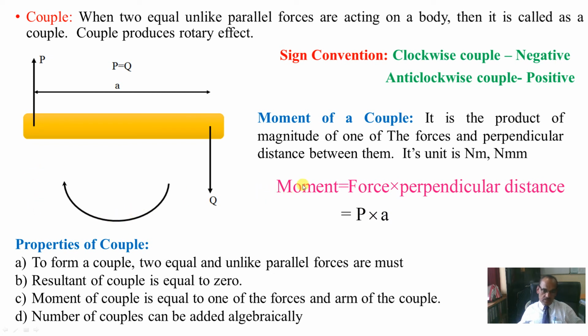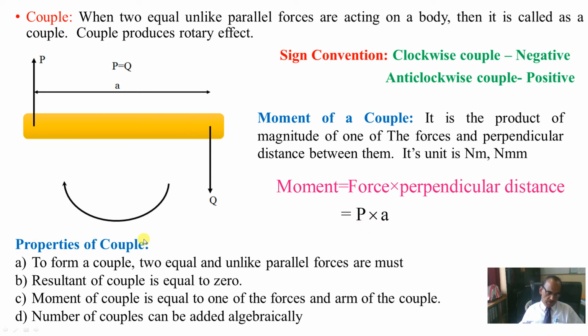And the moment produced by the couple will be force into perpendicular distance. You can take P or Q, they are same. P into A, this perpendicular distance. Don't make it P plus Q into A. It should be only one magnitude, because P and Q magnitude is same. So this is a couple, and the moment produced by the couple will be P into A, and unit also will be same, Newton meter.